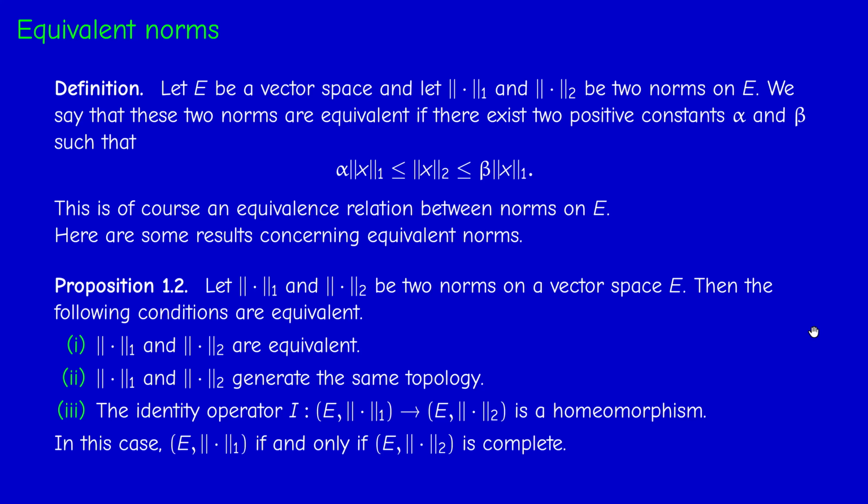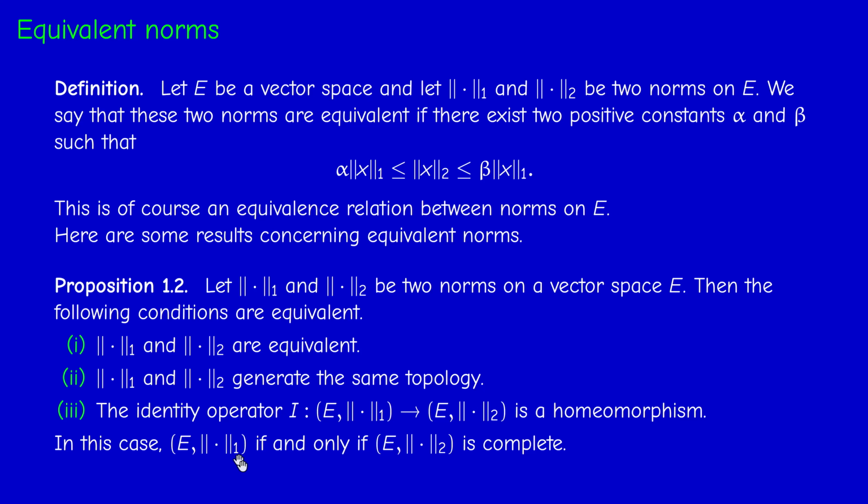A useful result: you can prove that if the two norms are equivalent, then E with norm 1 is complete if and only if E with norm 2 is complete. Okay, so they are both complete or incomplete simultaneously. So if one is a Banach space, the other is a Banach space.